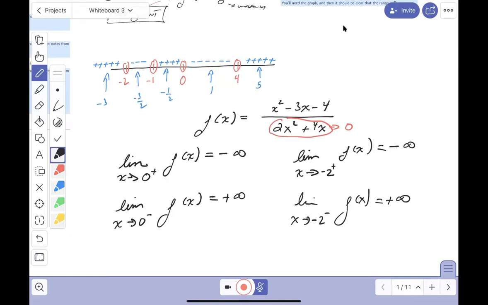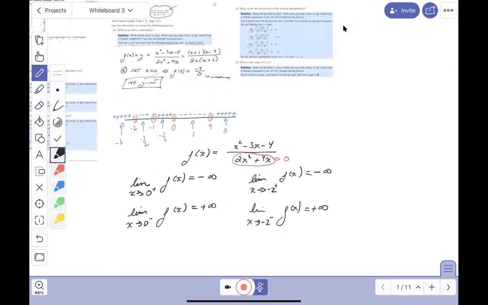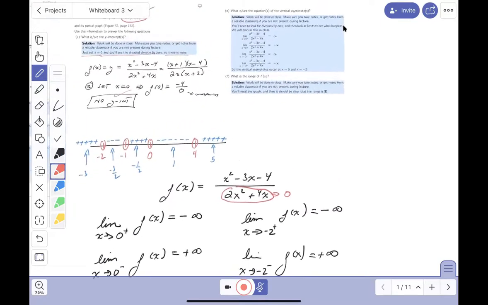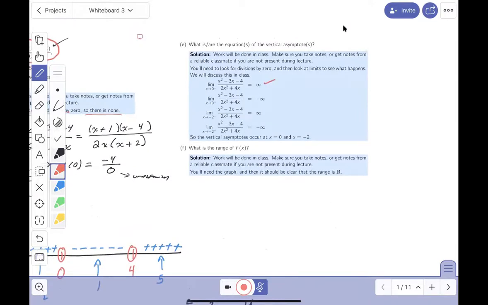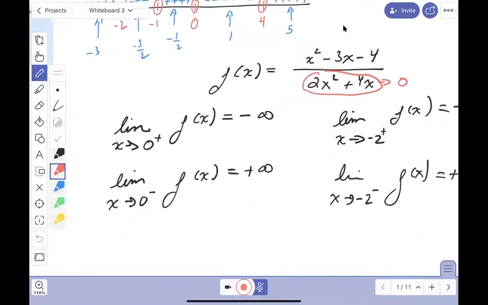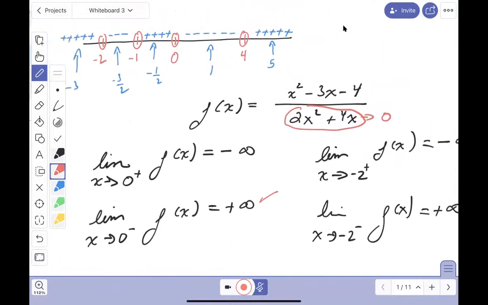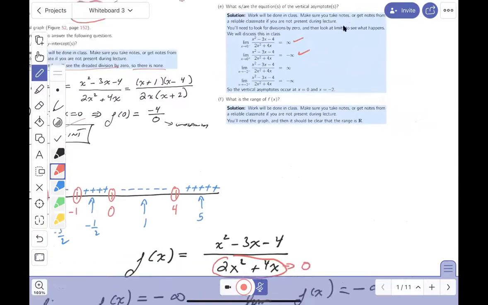I want to go to the key and see if we did a good job. I'm looking at it one at a time. This is the limit as x approaches 0 from the left. It says it's infinity. Did I say that? Yes. Let's go to the next one. As I approach 0 from the right, it says it goes to -infinity.